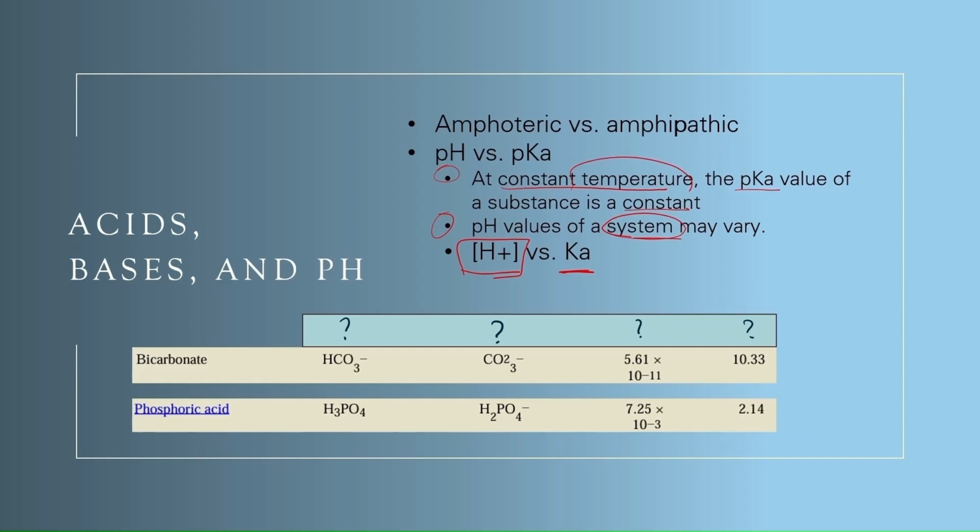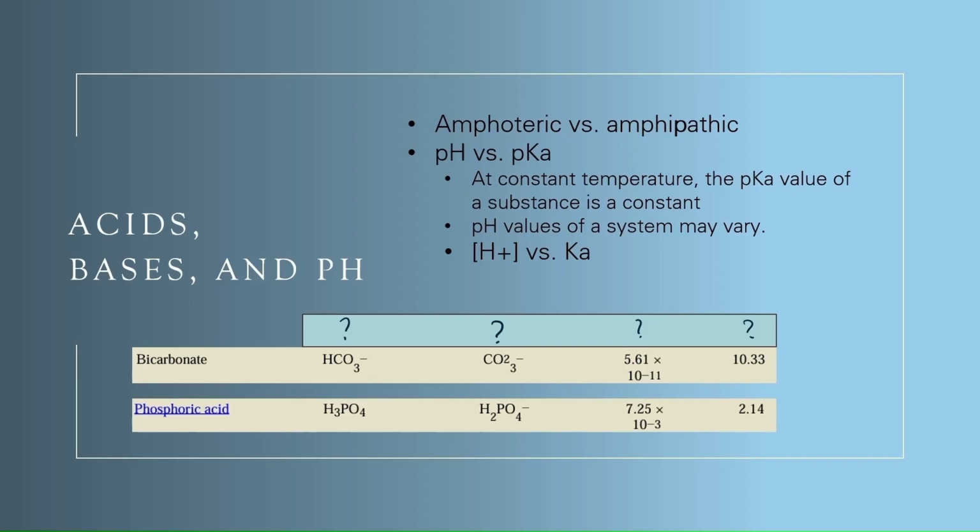Okay? So there's that. What is Ka? How much that substance dissociates into its ions. What is H plus? How much protons you find in a solution. Okay? By ions we mean H plus because we're talking about acidic dissociation constant. I hope that's clear. pKa has to do with the substance. pH has to do with the solution or system.